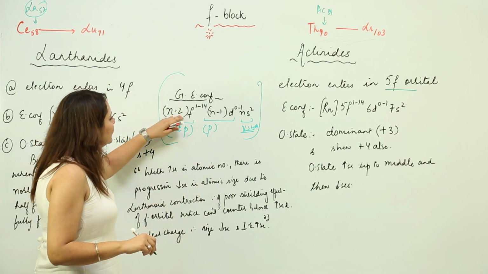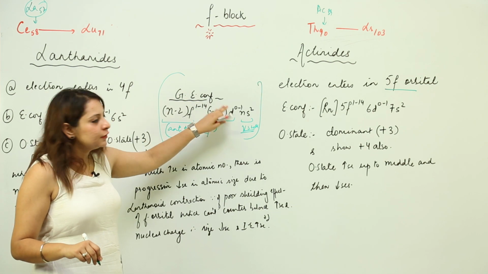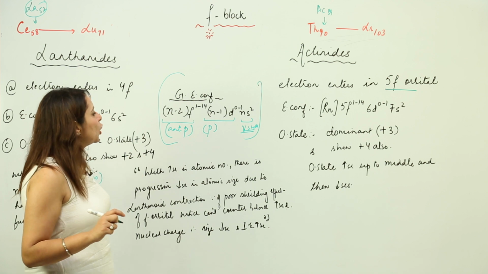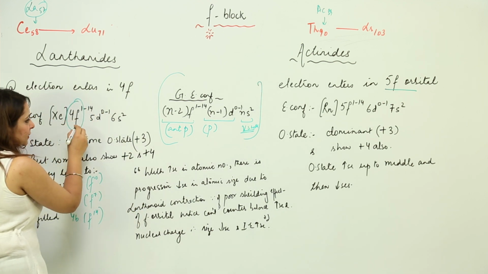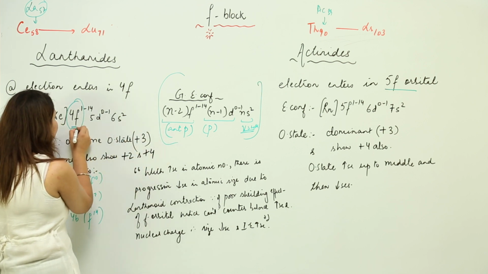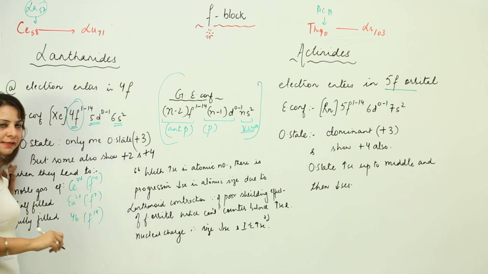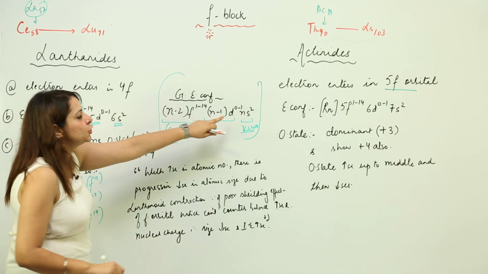So it is (n-2)f1-14, (n-1)d0-1, and ns obviously is going to possess 2 electrons. So if we talk about the lanthanides, in this the filling of the 4F orbital will take place. So the anti-penultimate will be 4F, the penultimate will be 5D, and the final shell will be 6S. And the electrons remain the same, 1 to 14, 0 to 1 and 2.